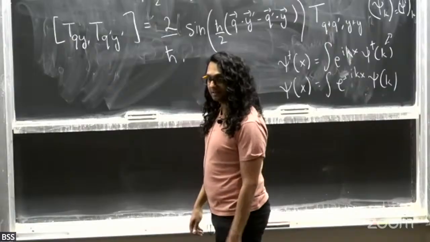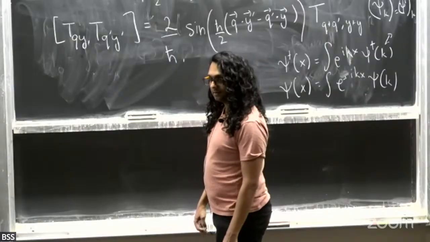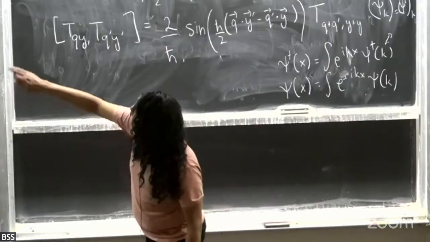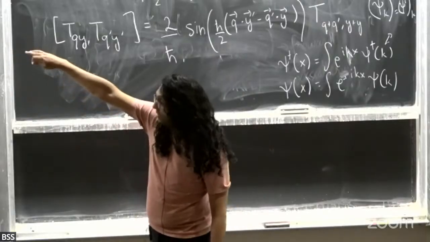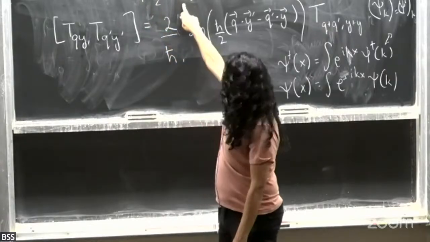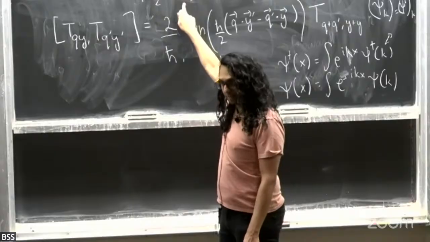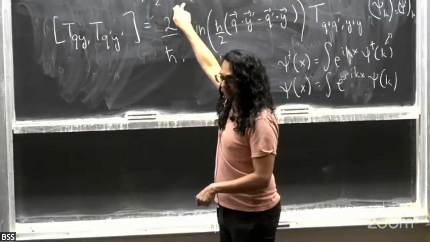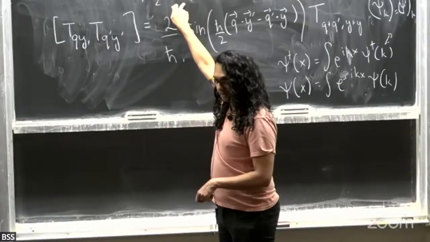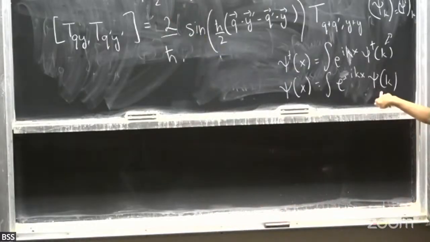It flips. Isn't P here a relative? No, P is still k1 plus k2 over 2. So that's what this P is. So psi does not create a hole at minus P plus Q over 2. It creates a hole at P minus Q over 2, because of this Fourier conjugation.